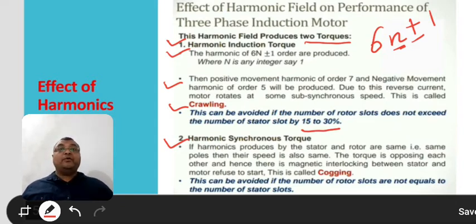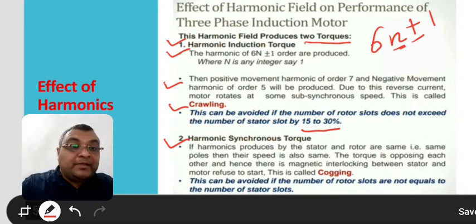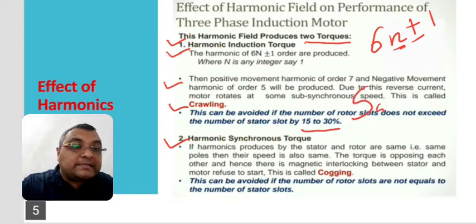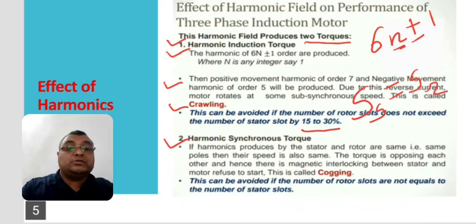If the harmonics produced by the stator and rotor are the same, when will they become the same? If the number of stator slots SS is equal to the number of rotor slots SR.